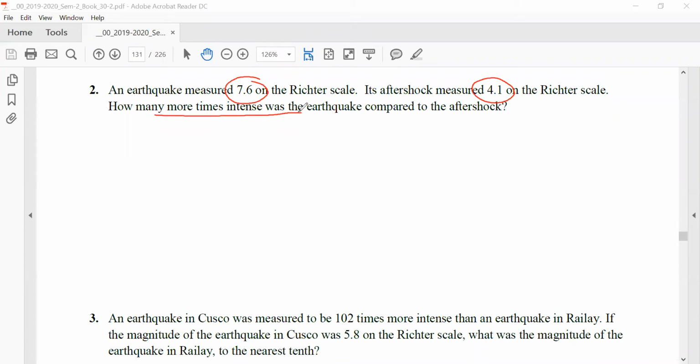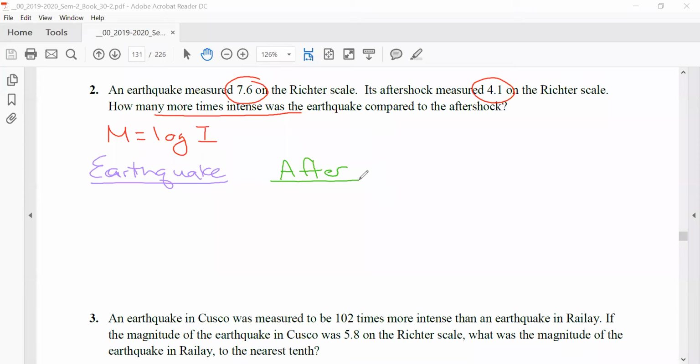In the question, you're always given this formula. What we're looking at here is two earthquakes. I'm going to break this down as the earthquake in this case, and the aftershock.